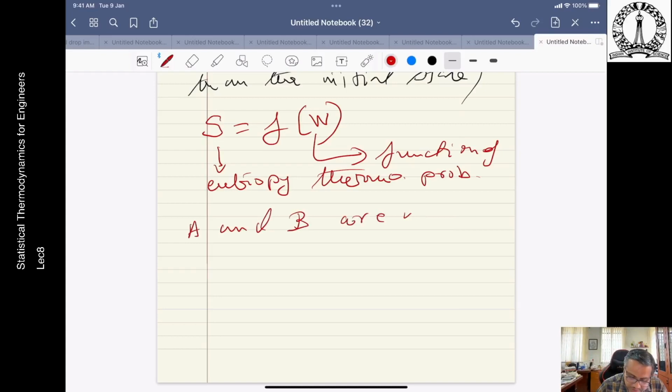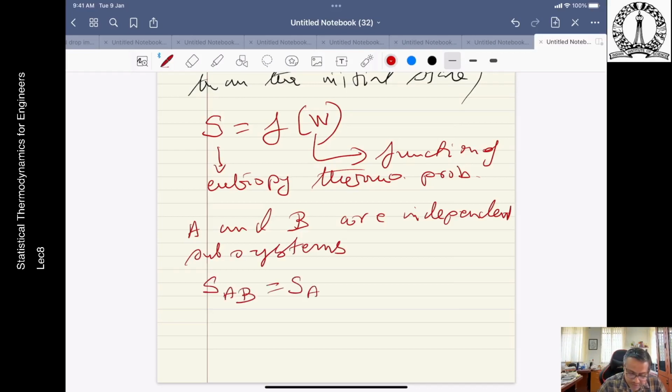Now, since A and B are independent subsystems, the entropy of A and B is basically entropy of A plus entropy of B, whereas the thermodynamic probability of A and B, because they are independent, must be WA times WB.